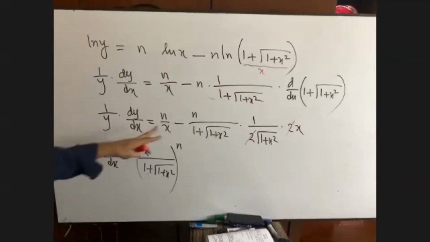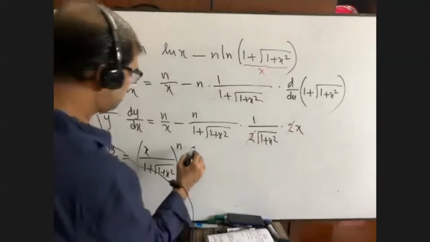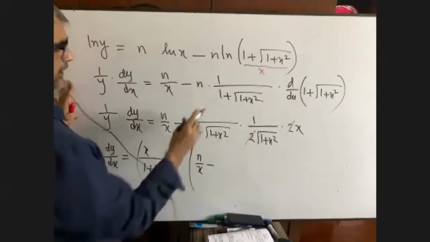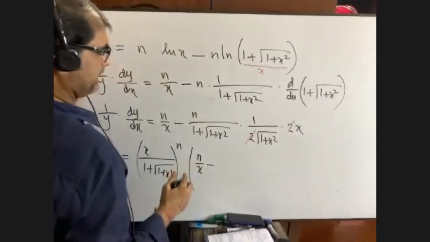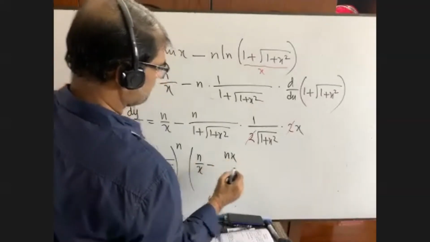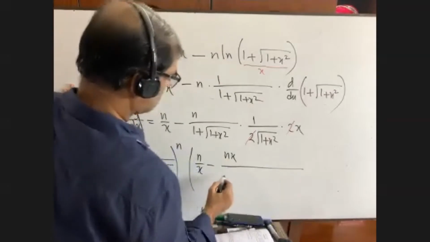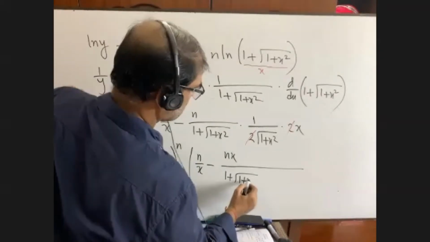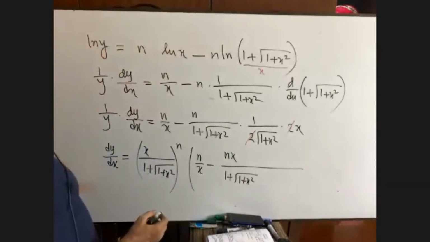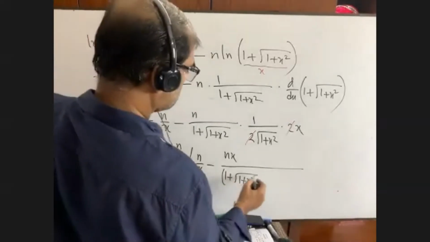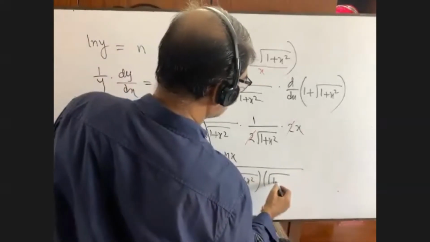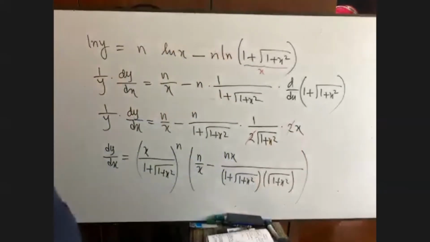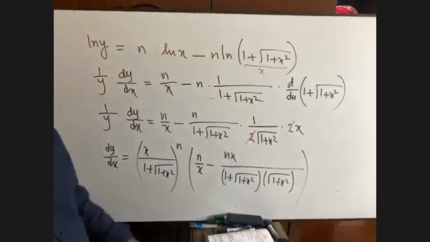I have taken y to the right hand side, into n by x minus n into x, which is nx, over 1 plus root over 1 plus x square into root over. This is the answer. Now you can take n common here at best and nothing else to do.